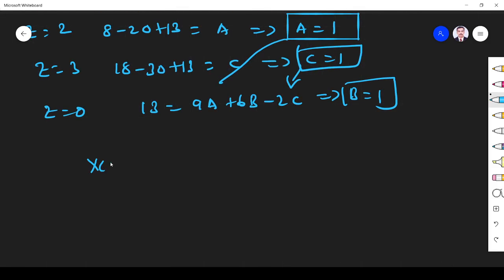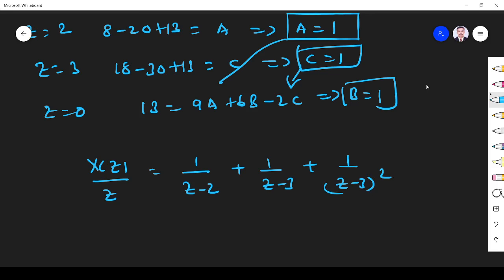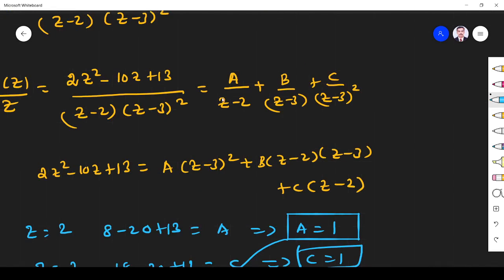So what is that? X of z divided by z is equal to A, which is 1, by z minus 2, plus B, which is 1, by z minus 3, plus C, which is 1, by z minus 3 whole square, right? So instead of A, B, C, I substitute 1.